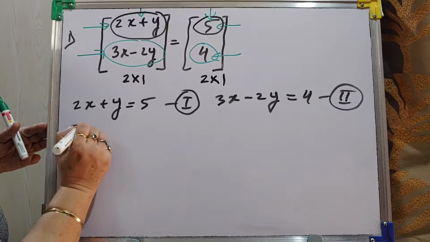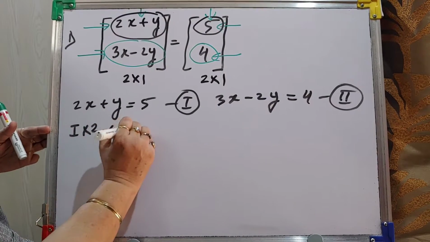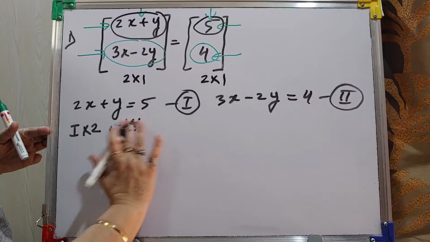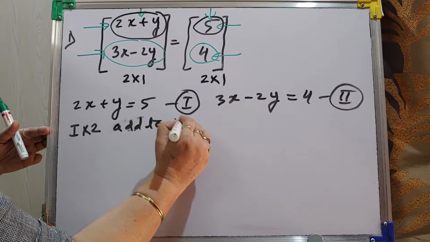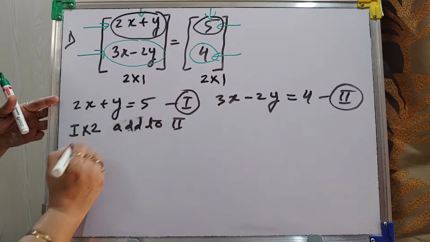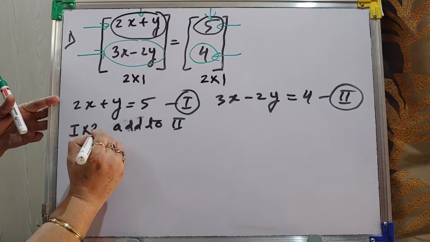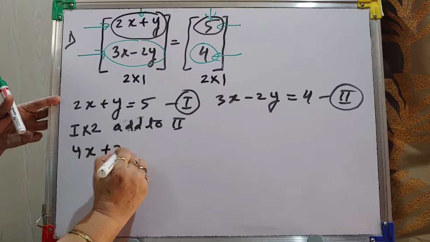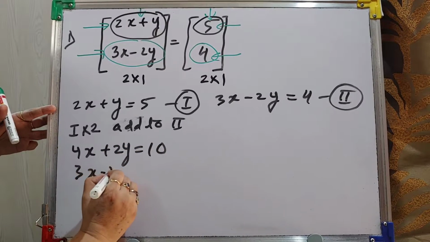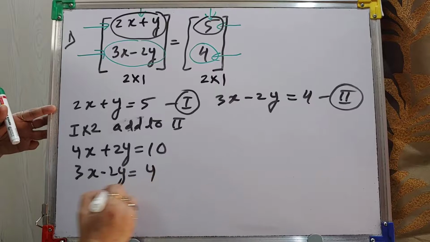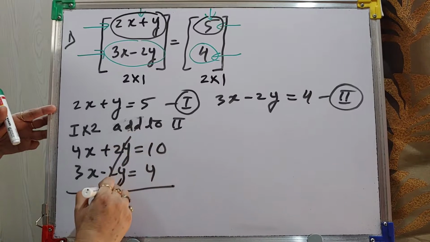Now multiply the first equation by 2 and add it to the second equation. When I multiply the first equation by 2, it will be 4x plus 2y equals 10. I have to add it to the second equation. This gets cancelled.